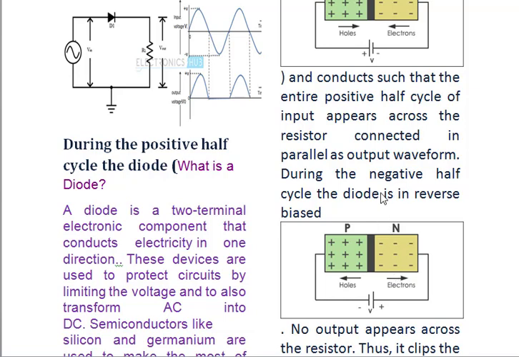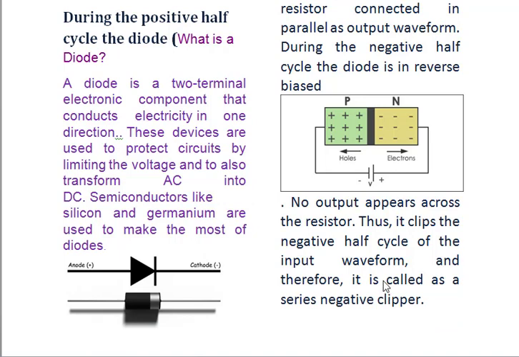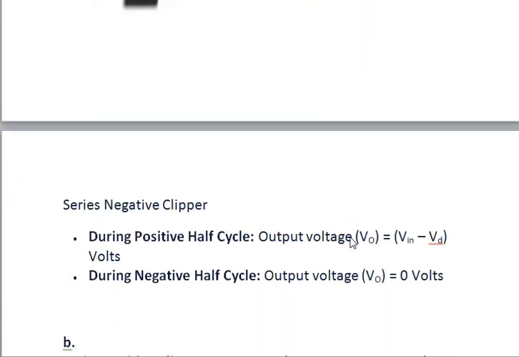During this reverse bias, no output appears across the resistor, so it allows only the positive cycle and cuts off the negative half cycle of the input waveform. Therefore, it is called a series negative clipper. So it removes the negative portion.